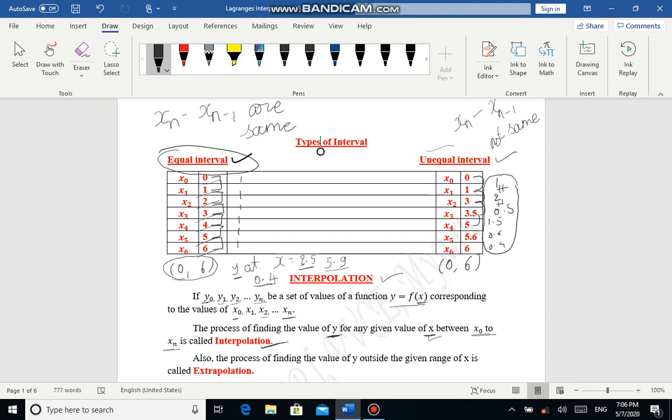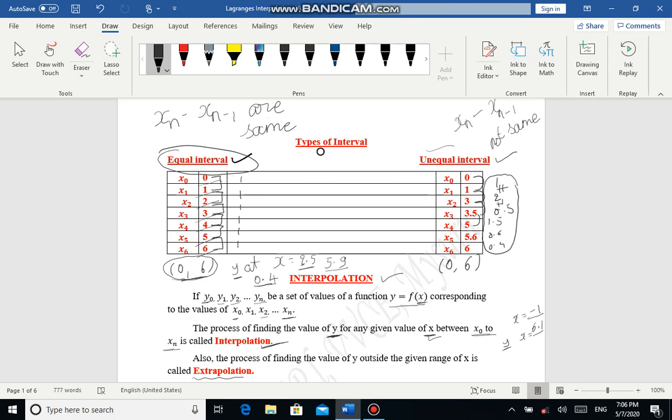So what is extrapolation? In the same example, we are going to find the value of y when x is equal to minus 1, or we are going to find the value of y when x is equal to 6.1. Observe these values, minus 1, 6.1, not in the interval 0 to 6. So this process is called extrapolation.